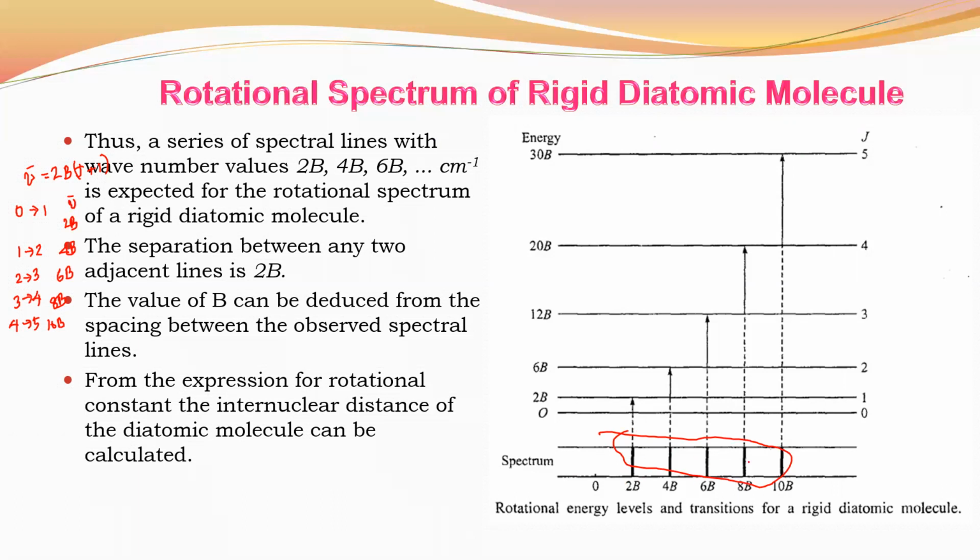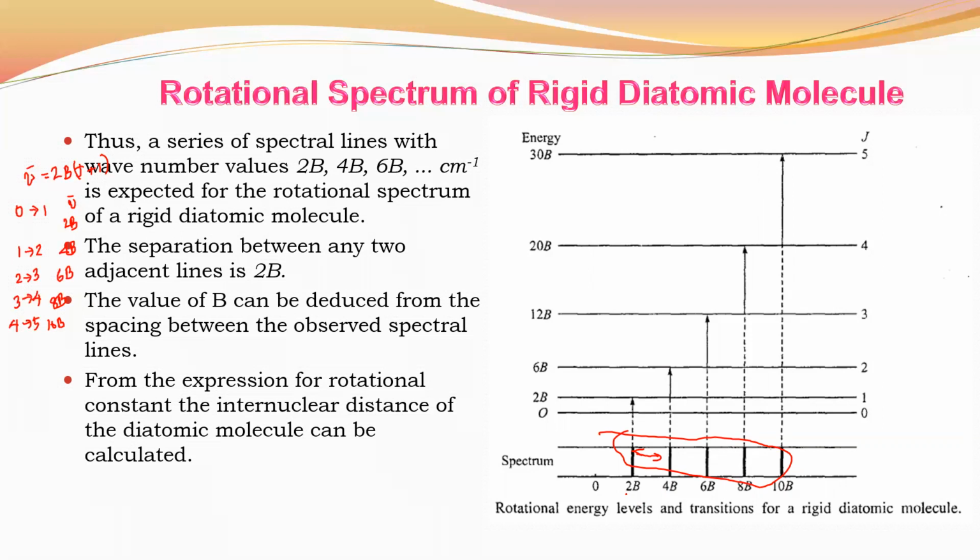We get only some lines. Then there must be some scale, and using this scale we can evaluate this difference. This must be the separation between any two adjacent lines.